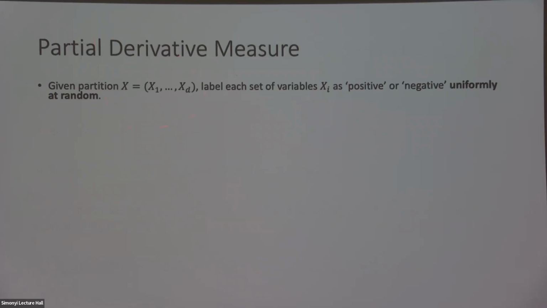We have d underlying sets of variables. We take these d sets of variables and randomly partition them into two parts. To each set, I assign either a positive sign or a negative sign, uniformly at random for each set. This gives me a random partition into two pieces, the positive half and the negative half.